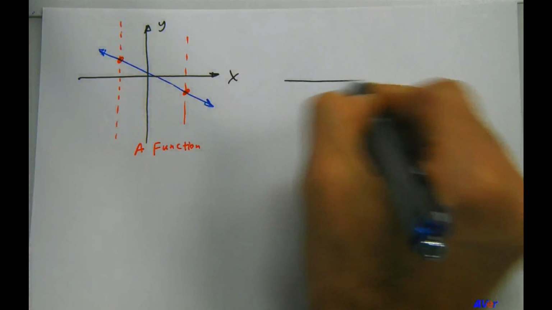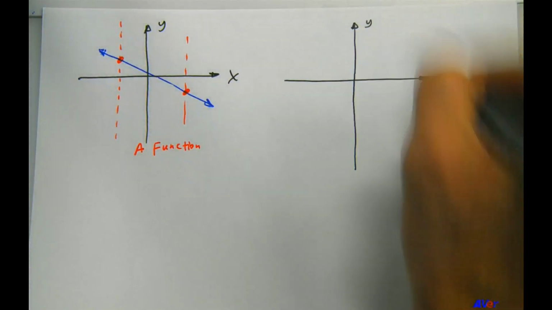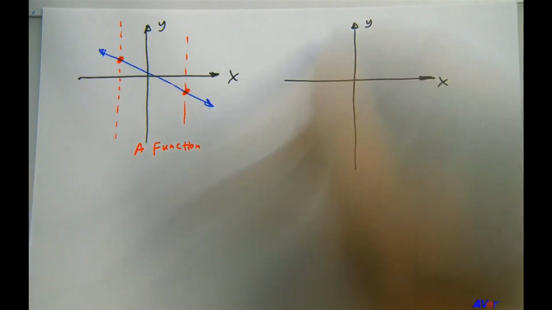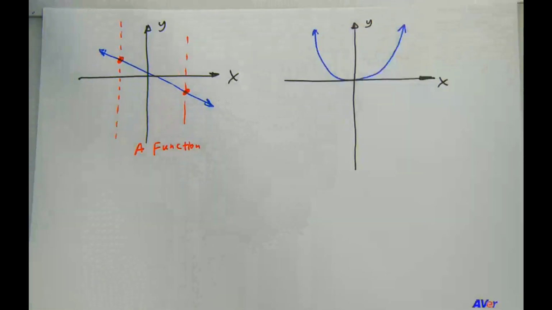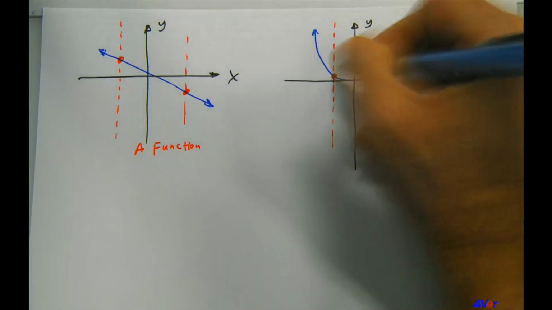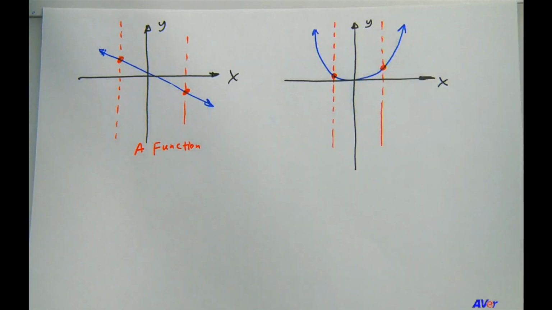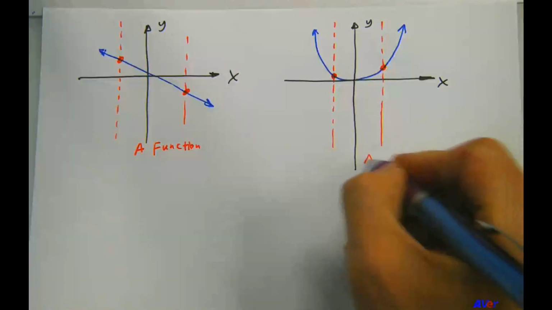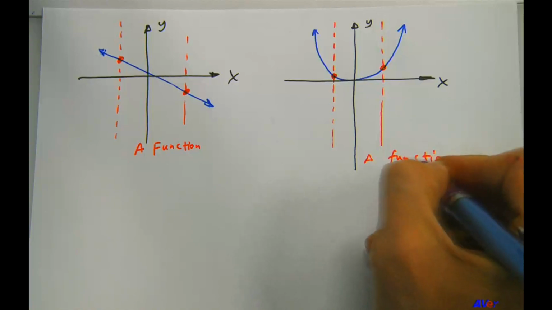What if we have the graph that looks like this? Is this a function? Well, according to the vertical line test, if you drop a vertical line, it'll intersect the graph at only one point, anywhere along the graph. So yes, it is a function.